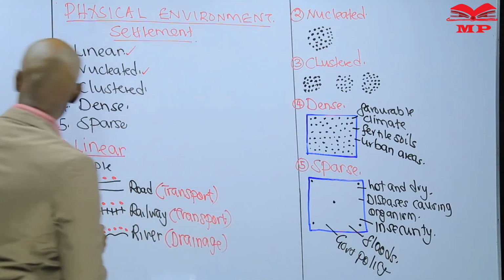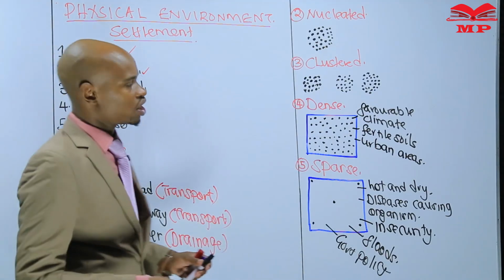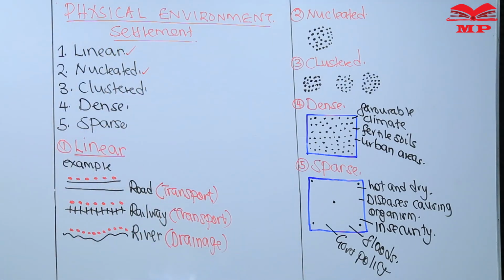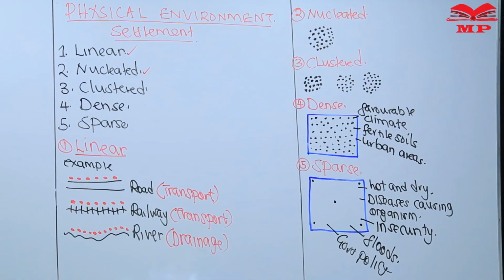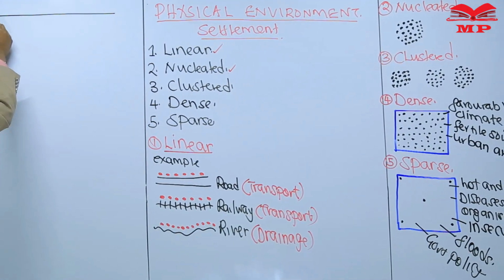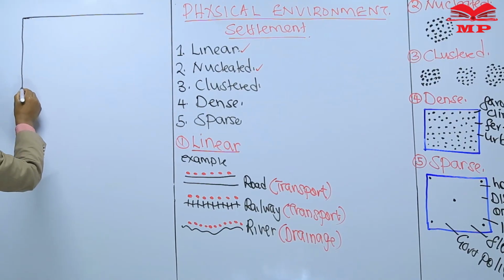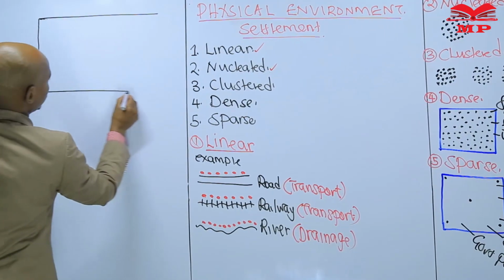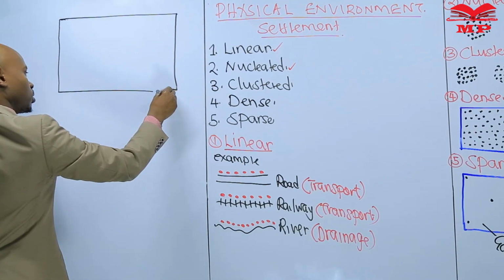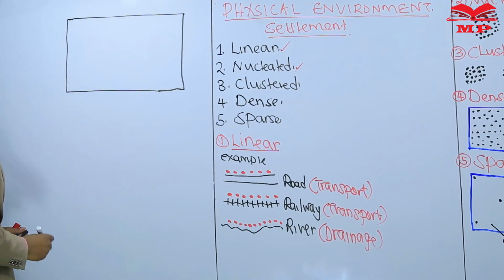Now, for better interpretation, let's try to put this one in a map perspective. Assuming we have a map here. This is our map.